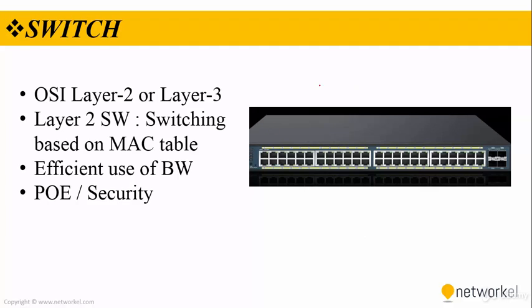And you can see a switch in here. This switch can be OSI layer 2 or layer 3 as well. If we are talking about a layer 3 switch, that's a multi-layer switch which can also do routing. Layer 2 switches make switching decisions based on the MAC table.